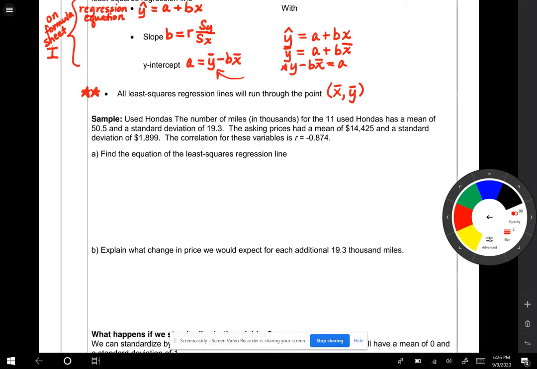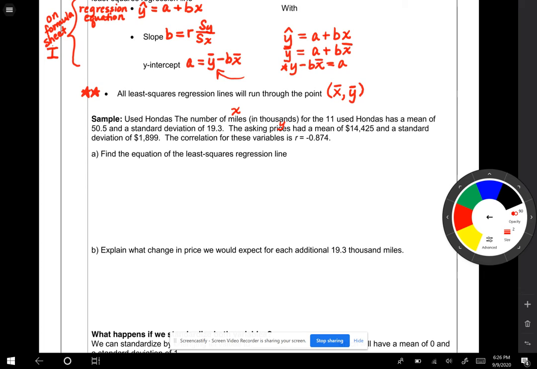The number of miles in thousands for the 11 used Hondas has a mean of 50.5 and a standard deviation of 19.3. Remember, number of miles was your explanatory variable, and the asking price, the cost, was the response variable. So there you know which one's x, which one's y.